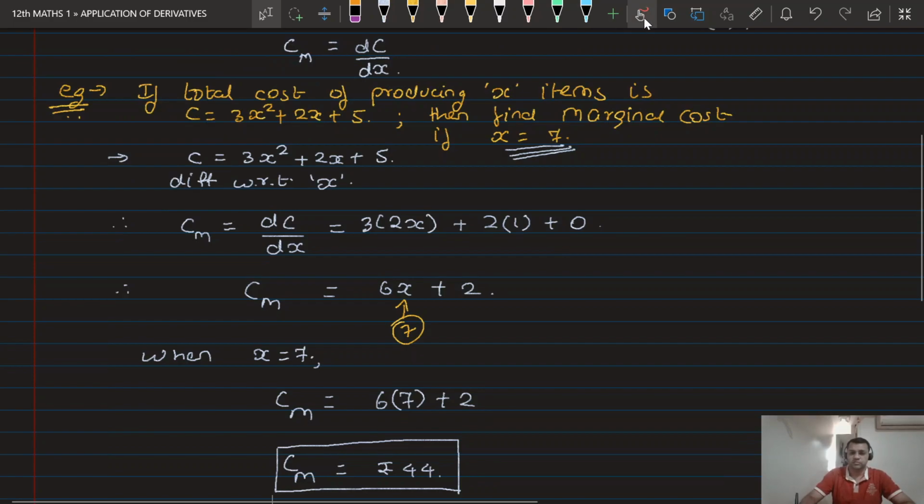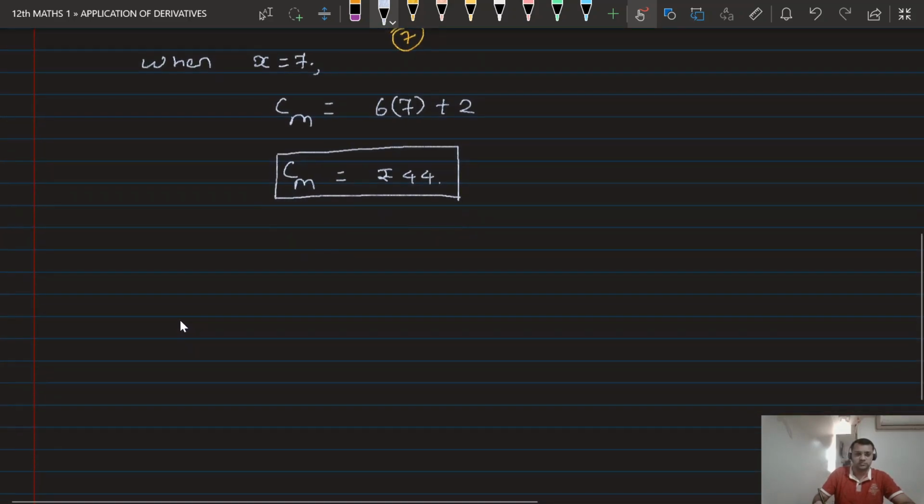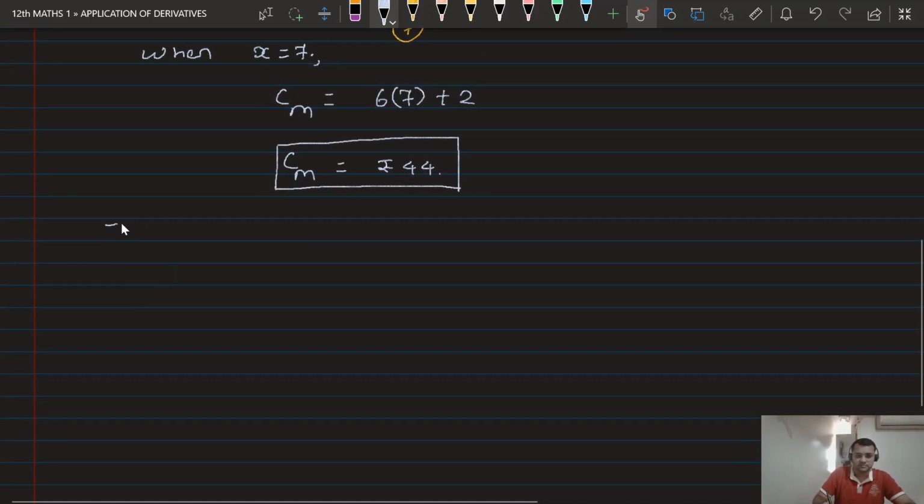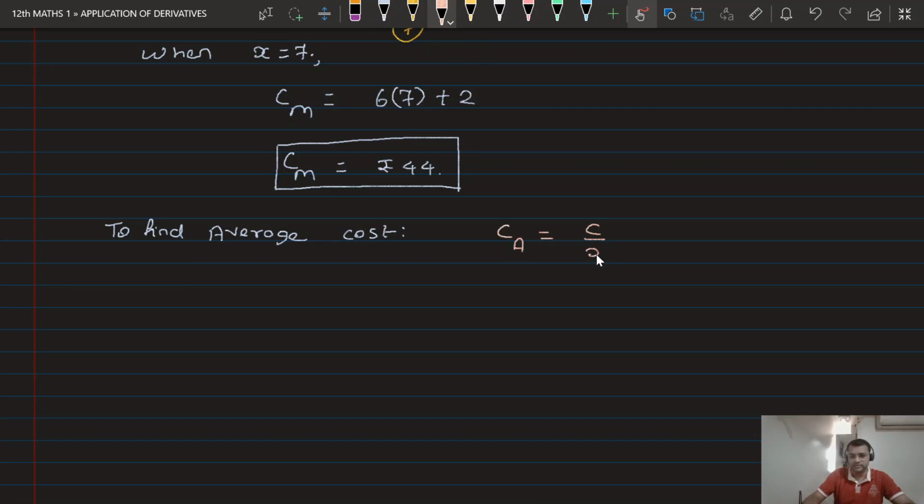So similarly, in case you are asked to find the average cost, we can do it like this. To find the average cost, I will say CA, that is total cost, divided by x.